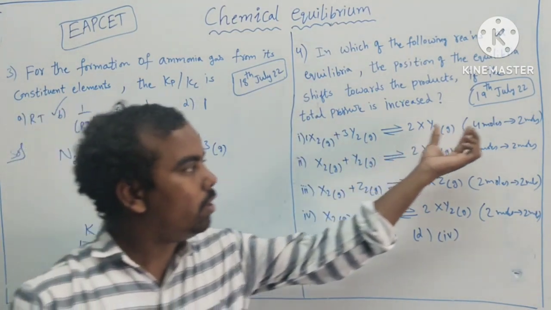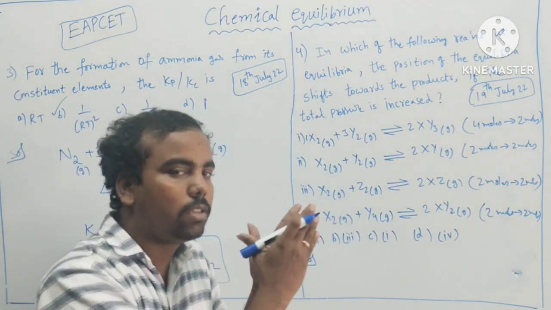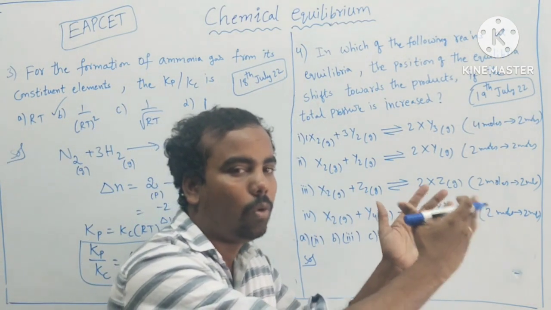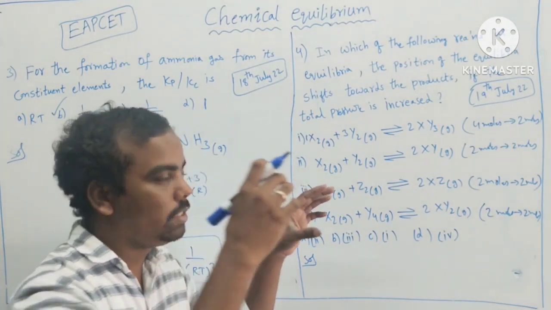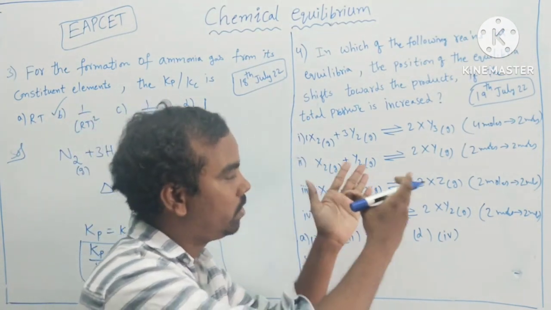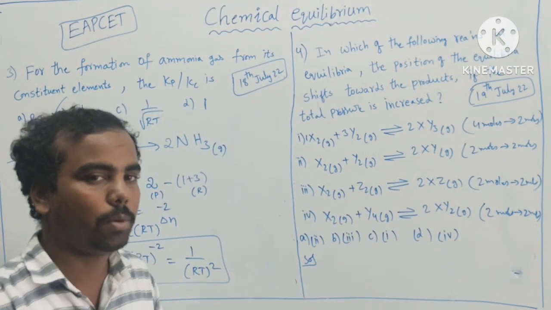So in which does the volume decrease? If you increase the pressure, the reaction shifts towards the volume-decreasing side. Again I will tell, if you increase the pressure, the reaction shifts towards the side where volume decreases, because pressure is inversely proportional to volume.